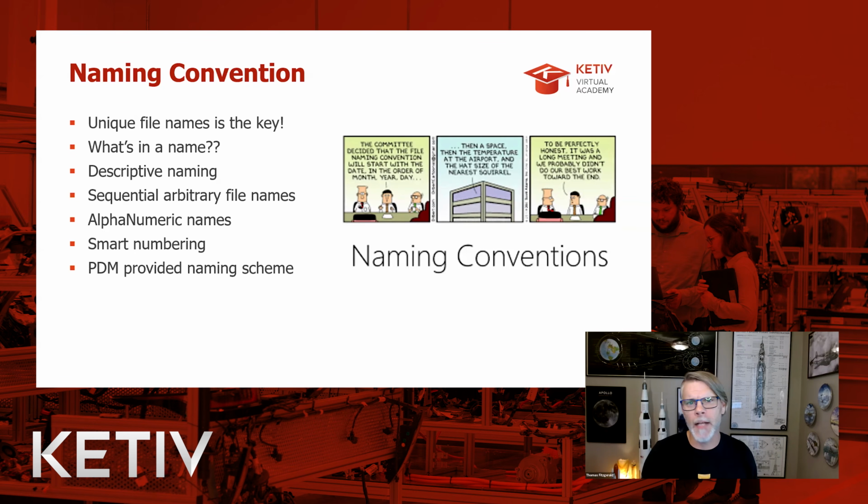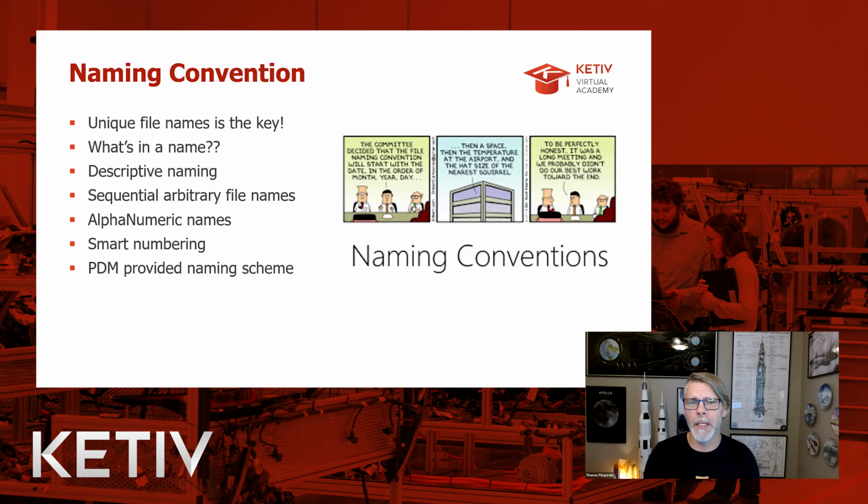So file name, not so important. All those other properties are far more important in terms of identifying and locating the information you need. So you could use descriptive naming, not necessary, but we'll talk about that more in other episodes. Sequential arbitrary file names, once again, just start at 0 and go in a sequential fashion. File name doesn't mean much if you're relying upon other properties and characteristics.